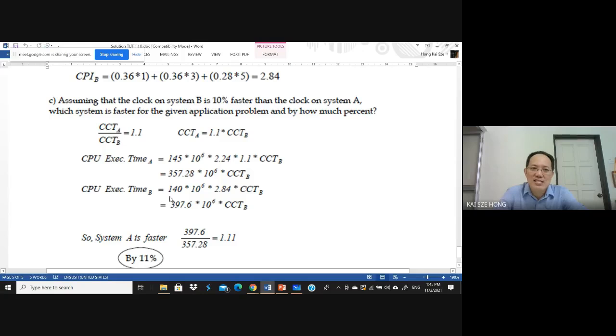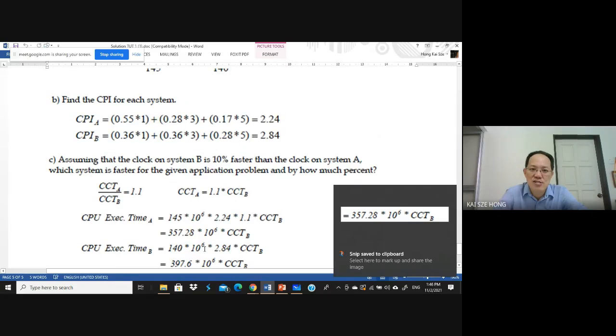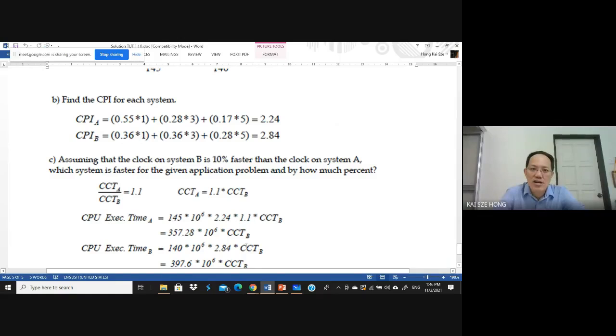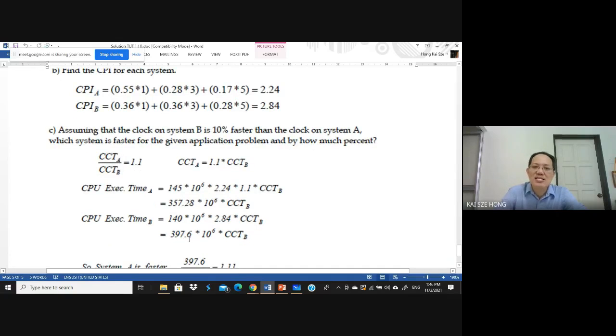Now let's look at B. It will be 140 million instructions multiplied by 2.84. But the CCT of B is 1 here. Now you get 397.6 million CCTB.